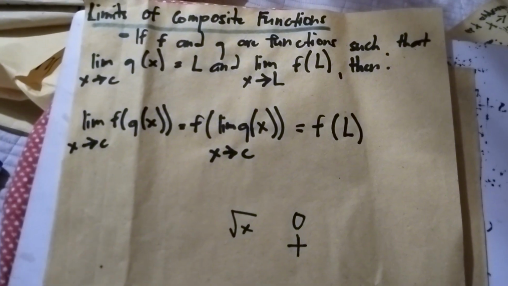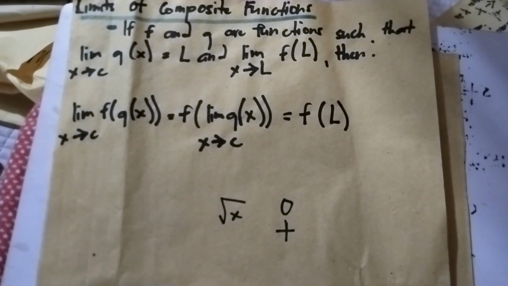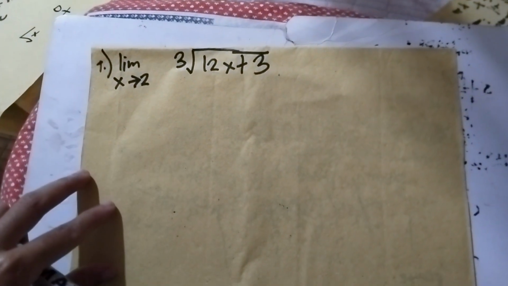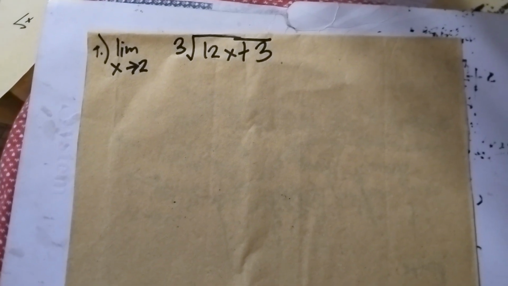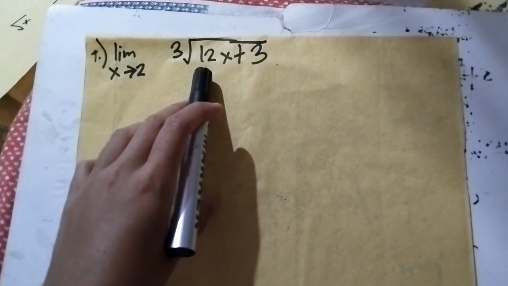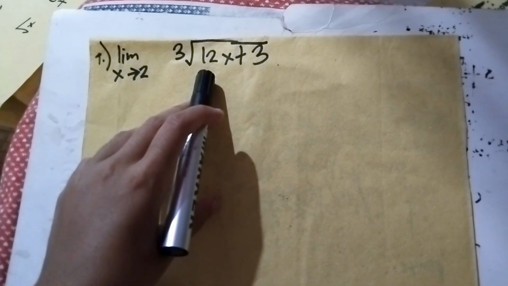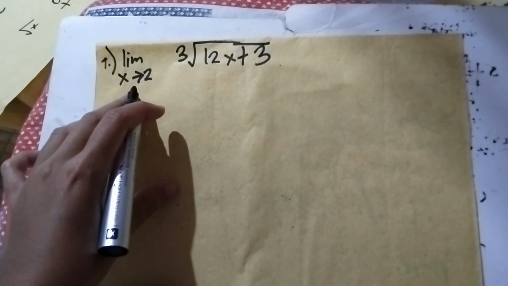So to understand more the limits of composite functions, let us try to solve another example. The limit of the cube root of 12x plus 3 as x approaches 2. If we analyze the given function, dili man siya ma-imaginary. So, we can direct substitute our value of x, which is 2.